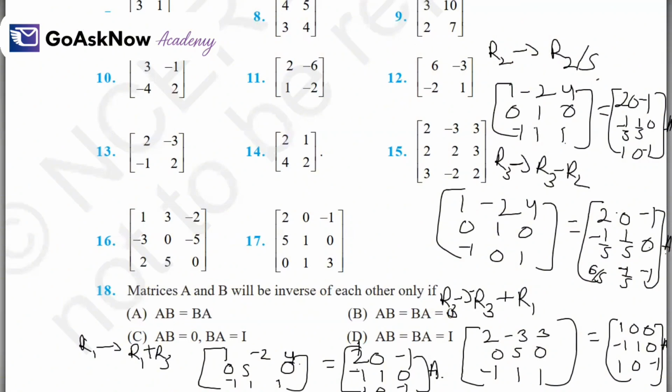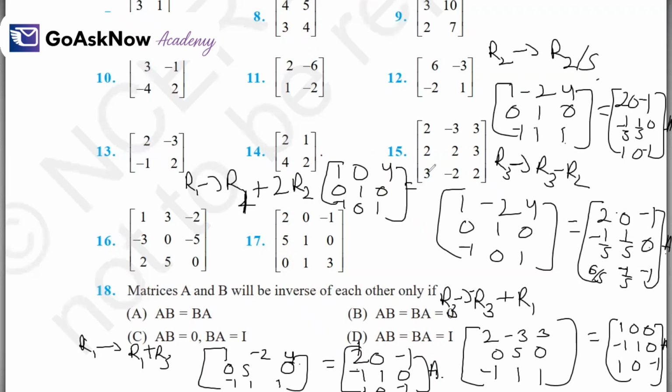The next step, you can do one thing: row 1 changes to row 1 plus 2 times row 2. Okay. So you will get 1, 0, 4, 0, 1, 0, minus 1, 0, 1.